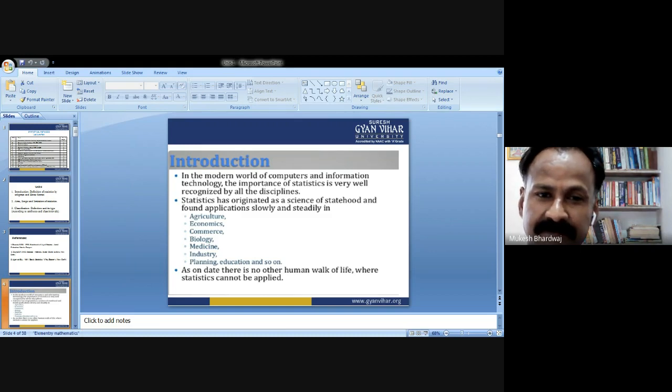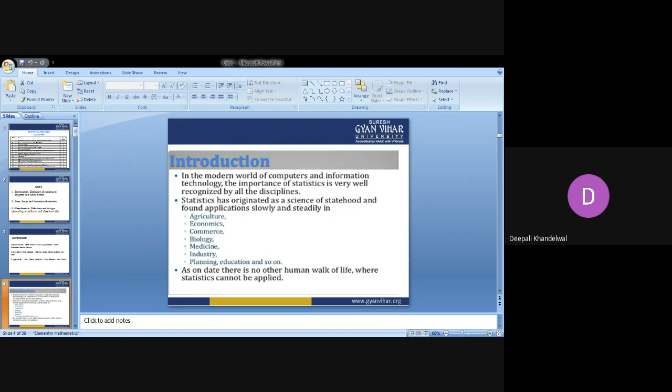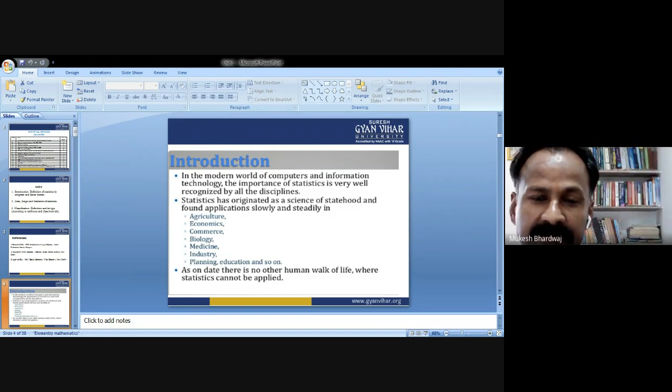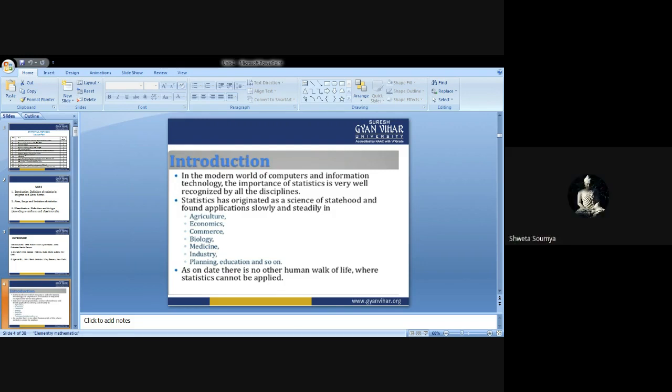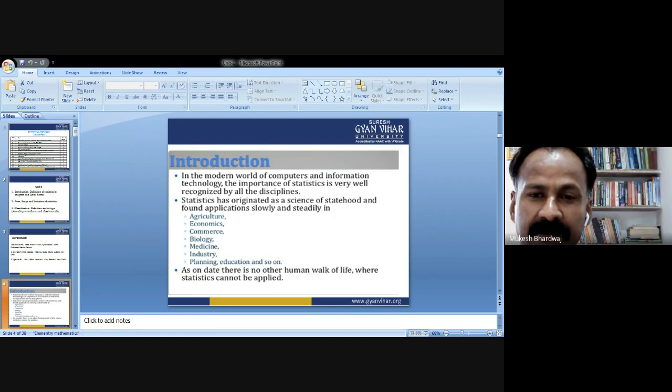It is okay, but what do you do with that data? The question comes in your mind that what will you do with that data? We study the data. You studied the data, for what purpose?